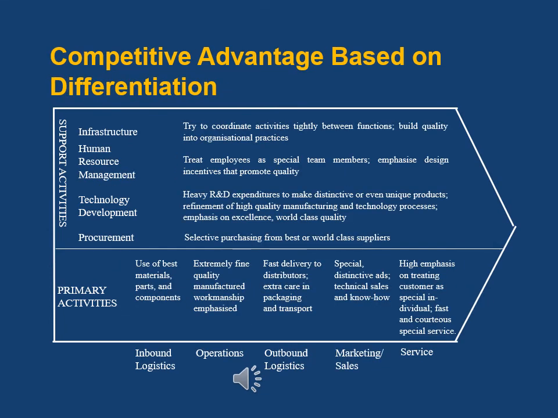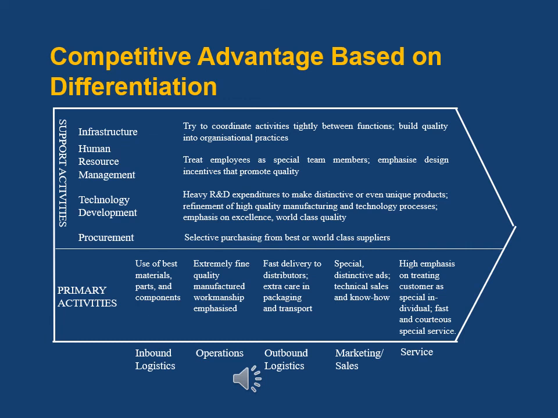Another example, if the organization strategy is differentiation, then we need to make sure every activity in the organization, either primary or support, is directed at the strategic intent of differentiation.